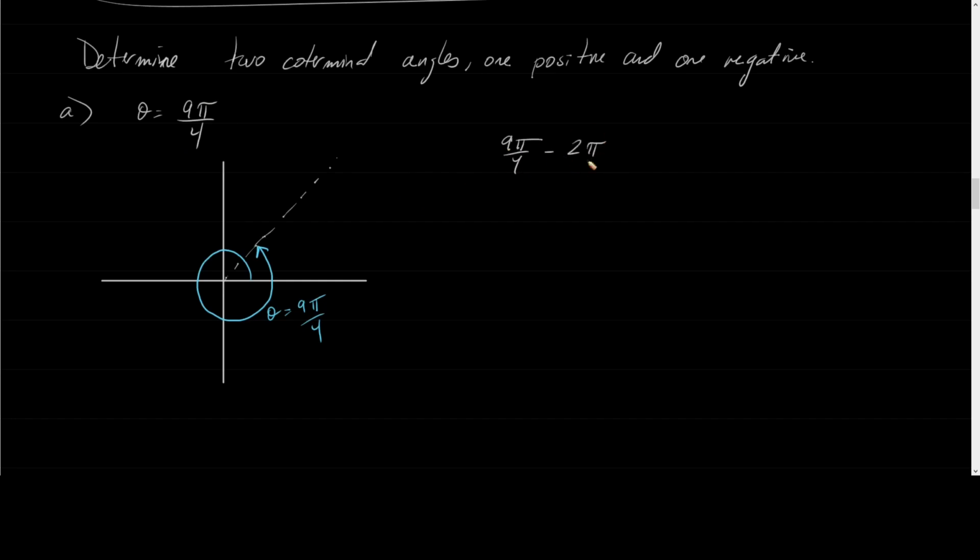One full rotation was 2 pi. Now, 2 pi is the same thing as 8 pi over 4. So 9 pi over 4 minus 8 pi over 4 is simply pi over 4. And there we go. What we found there is one coterminal angle of pi over 4.